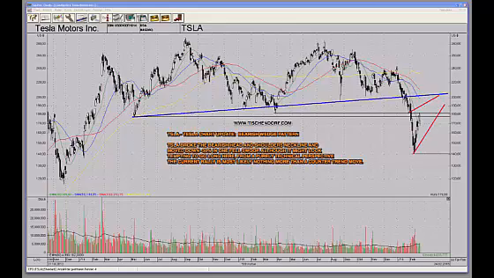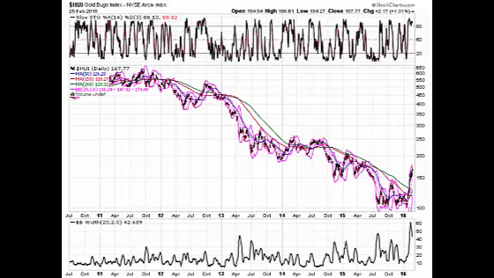This is something you absolutely want to avoid. And if Tesla were to make new all-time highs, you will see it on the chart, but don't be too early. That's what I would suggest. So right now, I would stay away from that one, yeah.